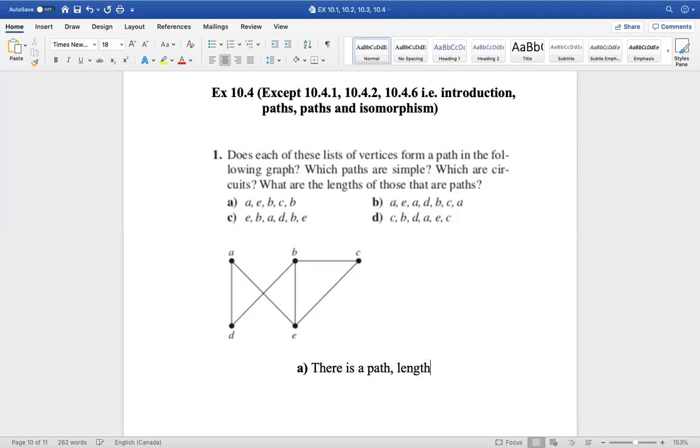Now what about the length? A to E is length 1, E to B is length 2, B to C is length 3, and C to B is length 4. Therefore the length is 4.